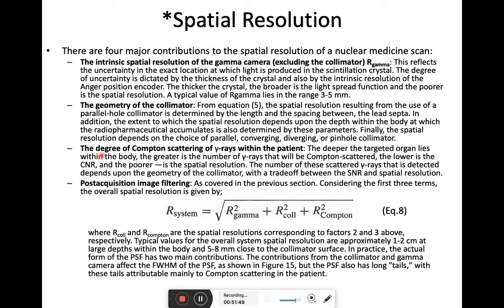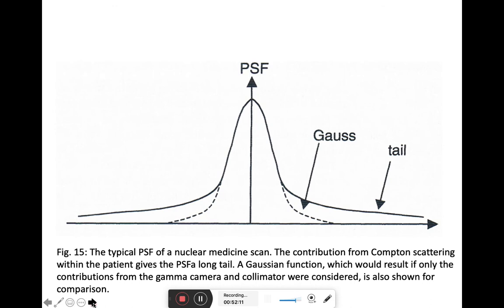The third factor is the degree of Compton scattering of gamma rays within the patient. The final factor, which is shared with the SNR, is post-acquisition image filtering. I'm not going to discuss details on this; you can read the explanation yourself.